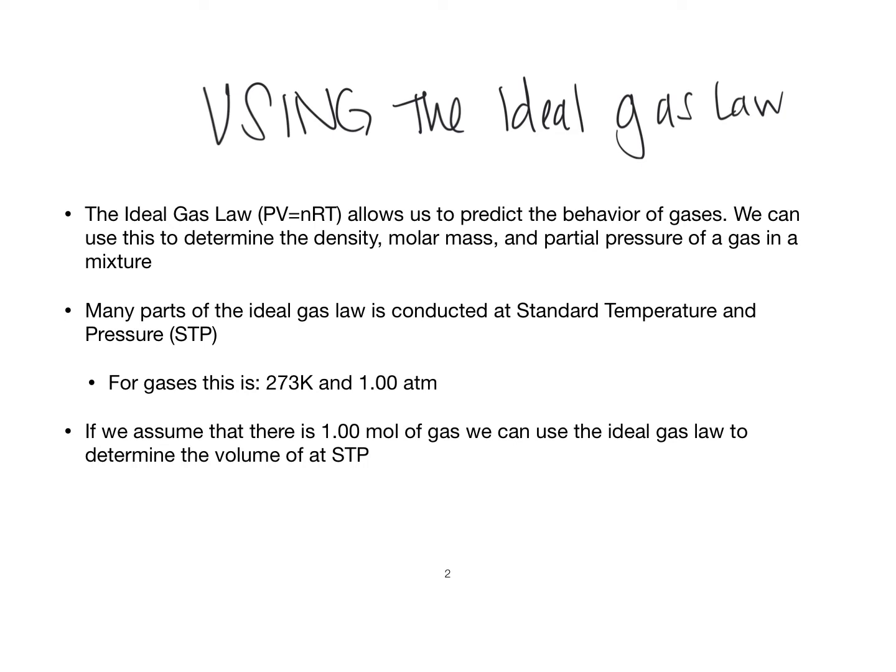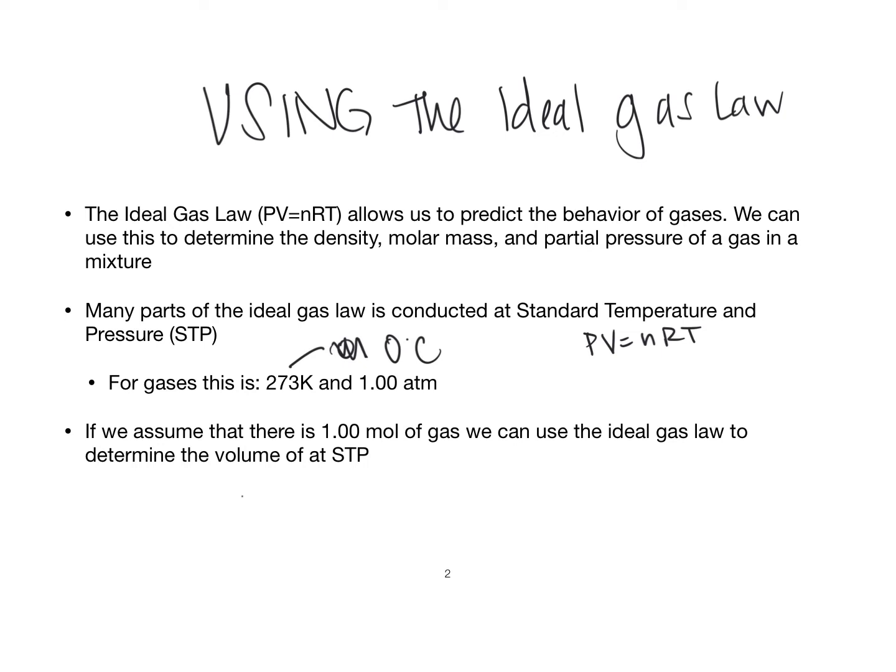So the ideal gas law is conducted at standard temperature and pressure, otherwise known as STP. For gases, this is 273 degrees Kelvin, otherwise known as 0 degrees Celsius, and 1 atmosphere. So typically, if we think about PV equals nRT, we could come in and solve for 1 mole of gas using the ideal gas constant.